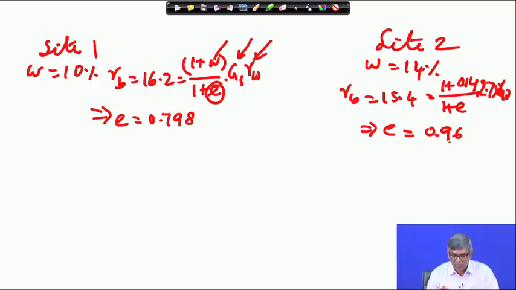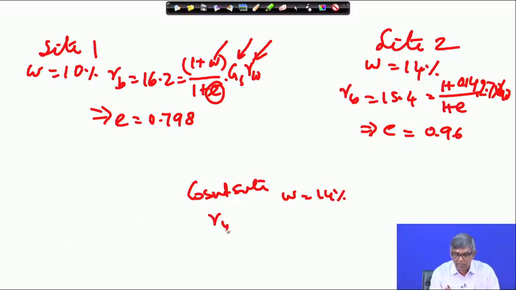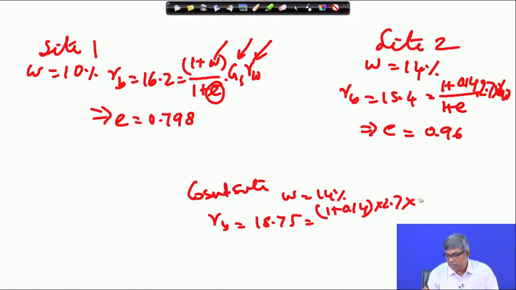And for the construction site, we have water content W equal to 14% and gamma bulk equal to 18.75 equal to (1 plus 0.14) into 2.7 into 9.81 divided by (1 plus e).